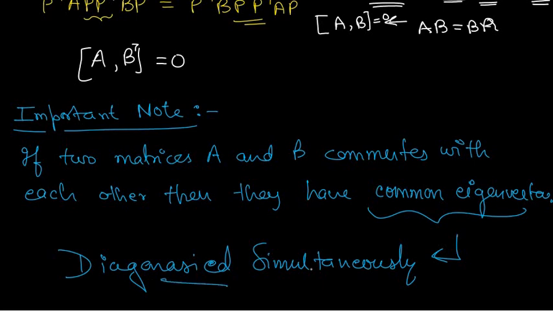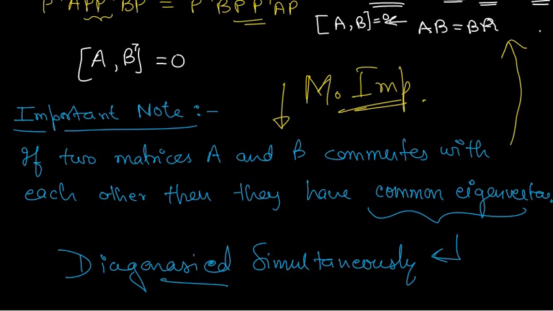So this was the important note, and this is a very important thing when you will study your quantum mechanics. Basically this is a theorem which says if two matrices A and B commute with each other, then they have a common eigenvector, and I proved it by doing an example just above, in which A and B commute with each other, and the question was that they can be diagonalized simultaneously.